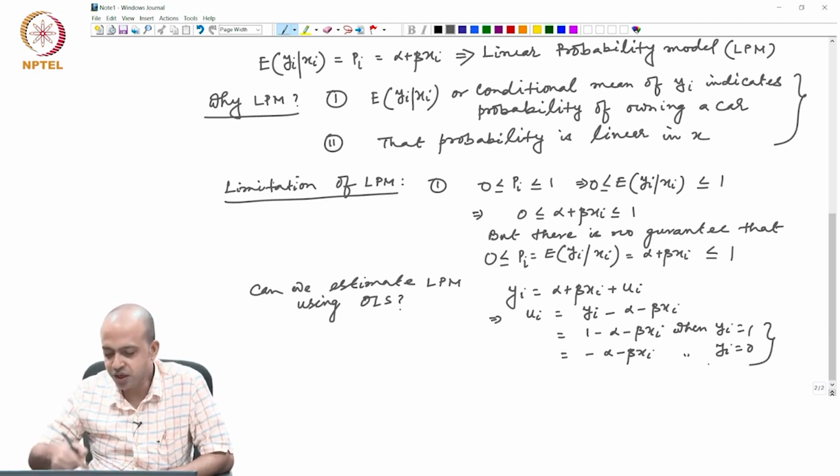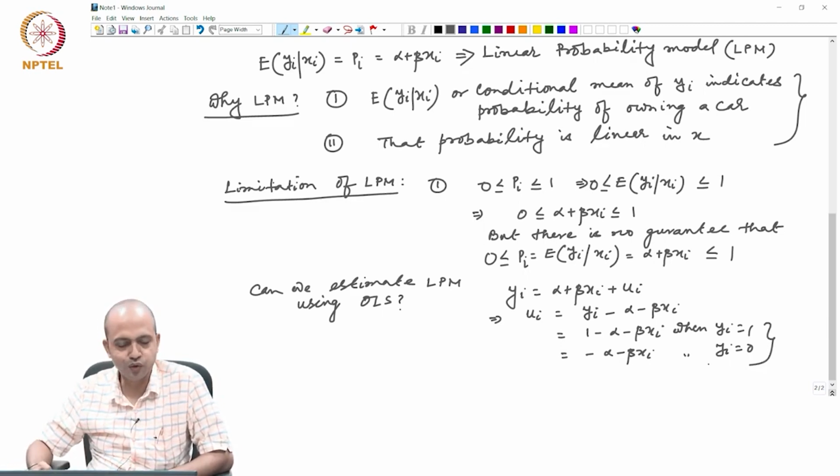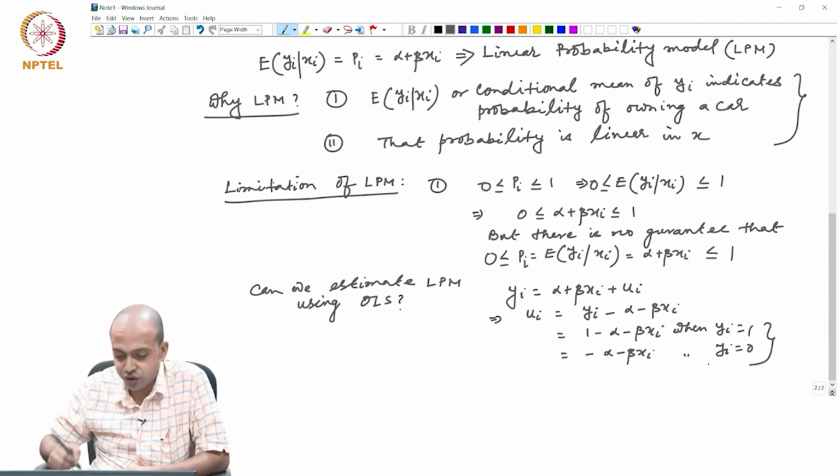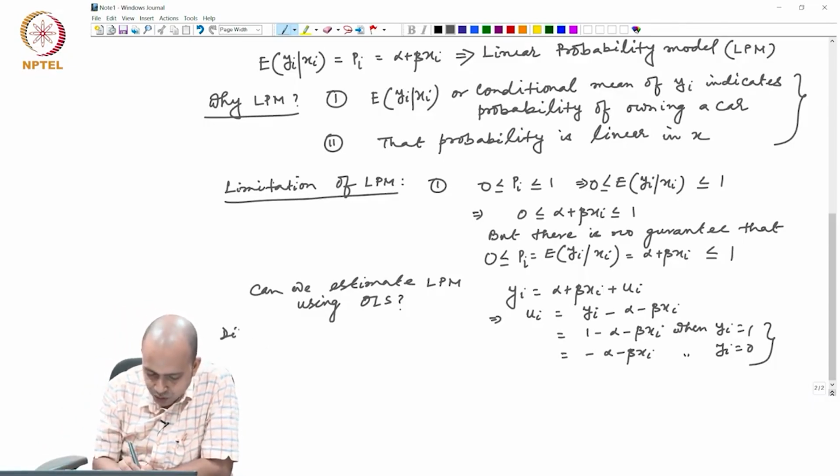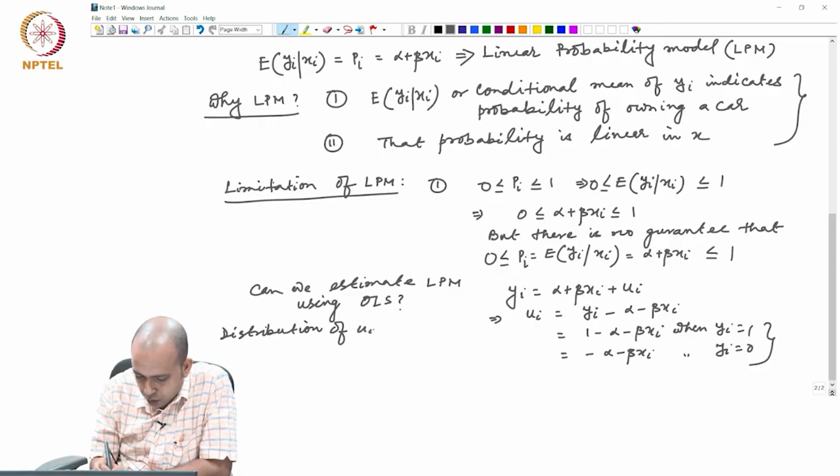So, here you see ui can take only 2 values. What would be the distribution of ui then? The distribution of ui will be discrete instead of normal.